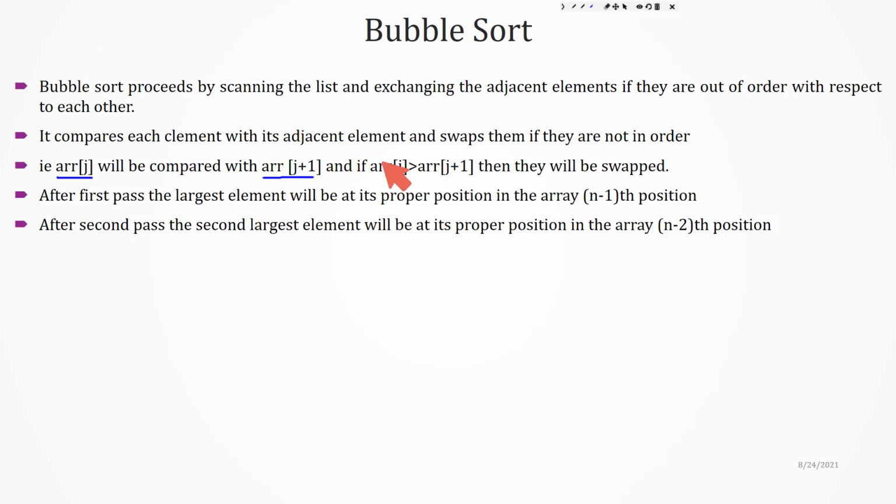If array of j, the first one, is greater than the second one, then we have to exchange those two elements. After the first pass, the largest element will be at its proper position, the n minus 1th position. This will be clear when we see the example. So I'm moving to the example.